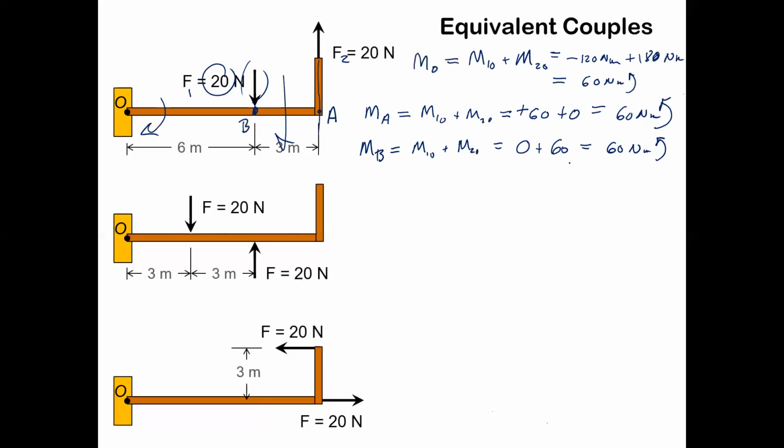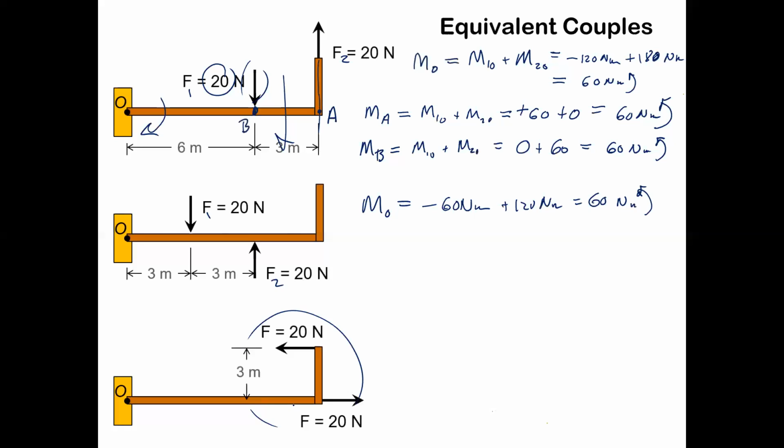So you can do the same thing if those forces move somewhere else. Same deal, right? If you're doing it about O, you're going to have a minus 60 Newton meters for F1 and a plus 120 Newton meters for F2. Guess what? That equals 60 Newton meters.